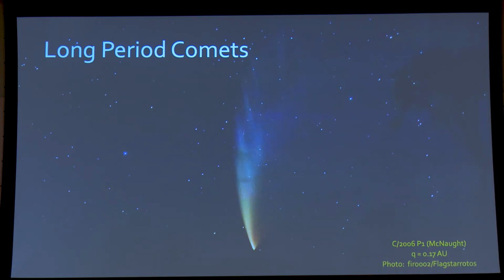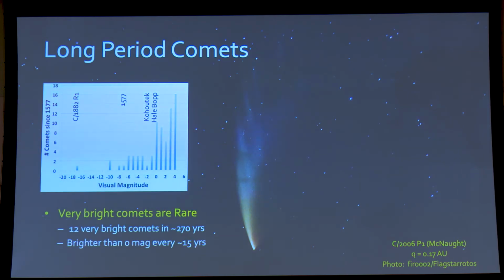So when we talk about long period comets, most of us are thinking, at least I do, historically, the long period comets are the beautiful ones that you remember for their enormous tails and the presence where a lot of the public enjoys looking at them. In fact, the really bright ones are quite rare. There's about 12 on this histogram.